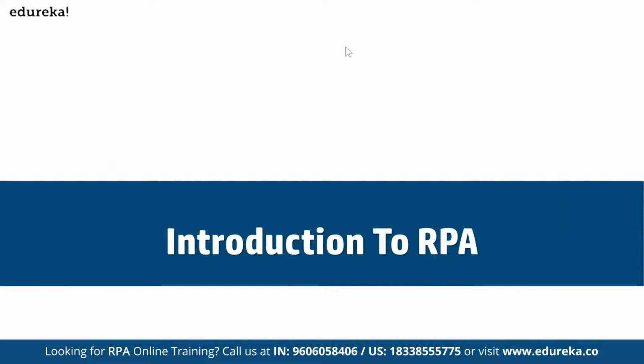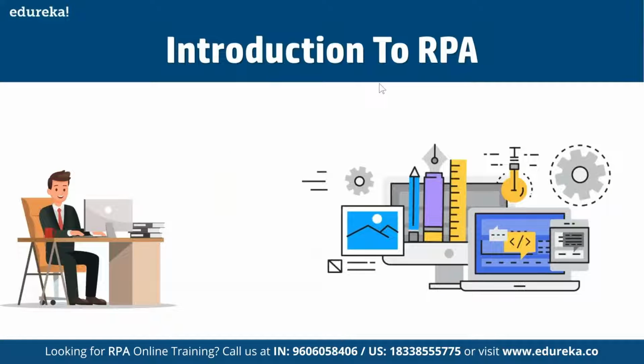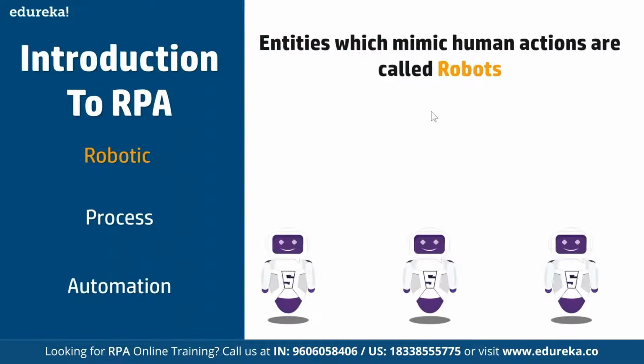Now let us learn about an introduction to RPA. What exactly is robotic process automation? To learn about RPA, we should learn what we call a robot. A robot is any entity that can mimic human action.